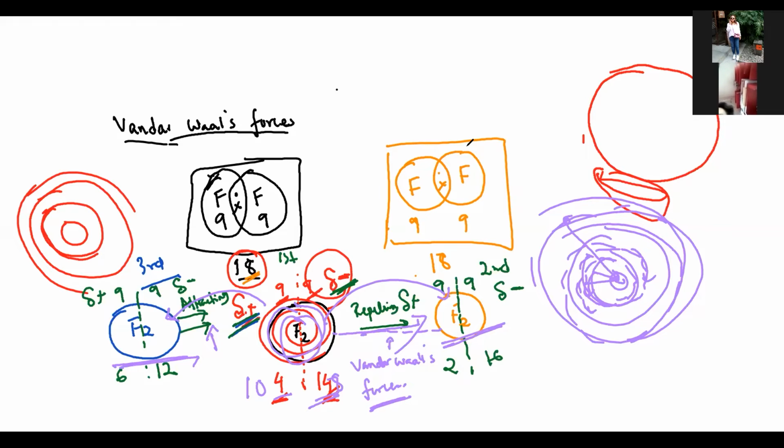আচ্ছা. তারপর I taught you what are the factors affecting Van der Waals forces. বলো তো? Factors affecting Van der Waals forces. Nuclear charge, electrons in outer shell... Number of electrons in a molecule.